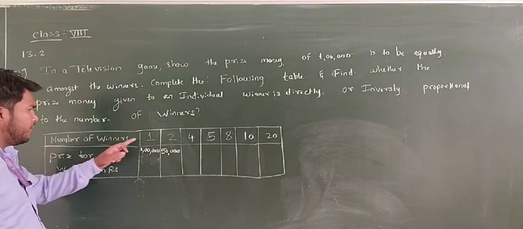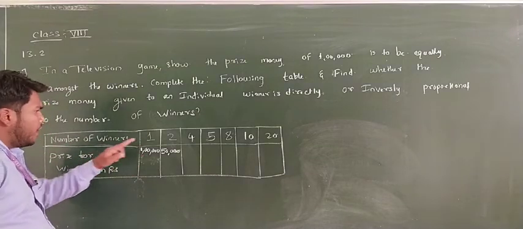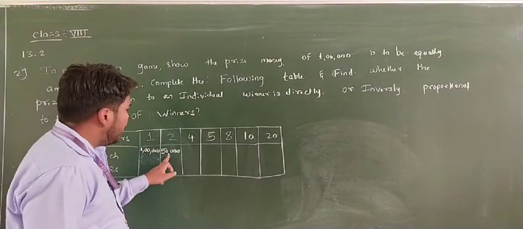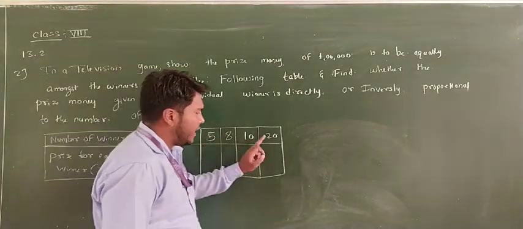If the number of winners is 1, they are given 1 lakh rupees. If they are 2, they are given 50,000, equally divided. For 4, 5, 8, 10 we have to check.